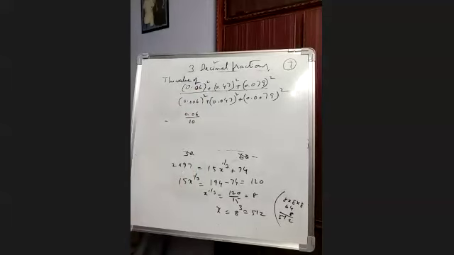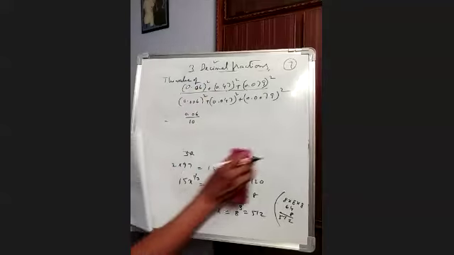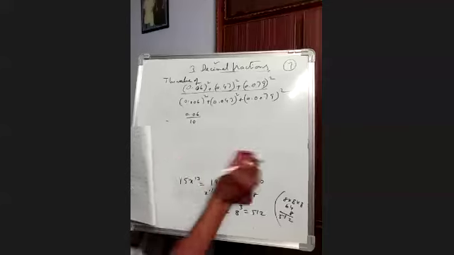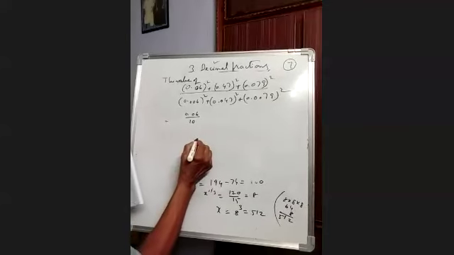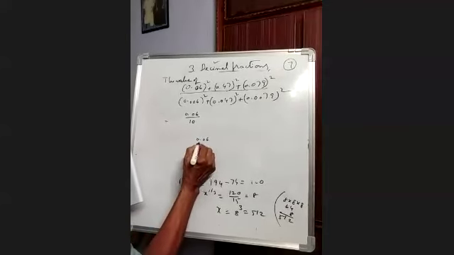If square is taken for this one, 0.06 by 10 square, what will be this?